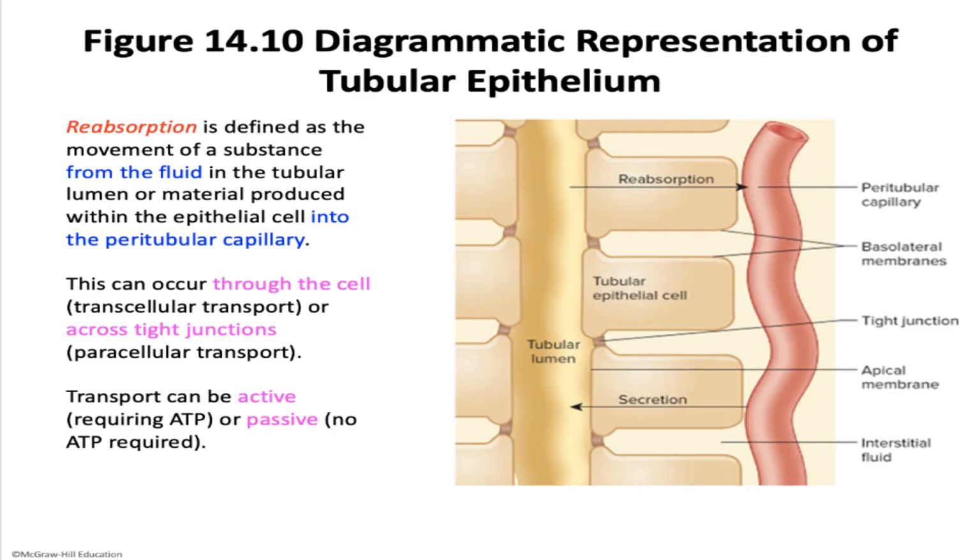For material to move from one location, the lumen of the tubule, to the blood vessels, it cannot pass directly between them because, as we know, blood vessels are lined with cells called endothelial cells, and the tubule itself, the tubular lumen, is surrounded by endothelial cells too. So these cells in brown belong to the tubule, and they have tight junctions right there to prevent small molecules from passing between them.